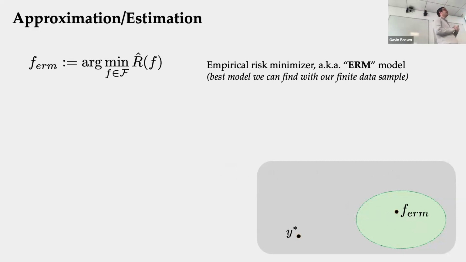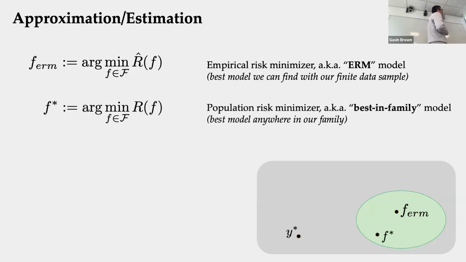The empirical risk minimizer is the one that gets 0 training error, or at least as low as possible. And that is somewhere within our class of functions. This can be contrasted with the population risk minimizer. So that's if we take away the limitation of finite data, we'll assume we've got an infinite amount of data. What's the best possible model somewhere within our class?